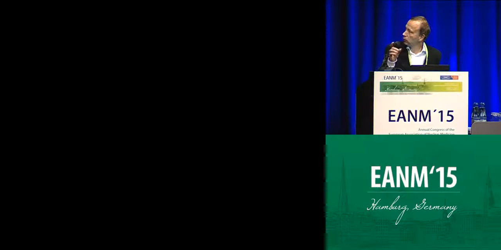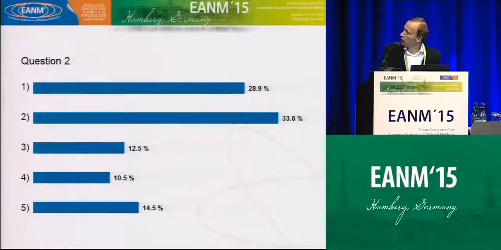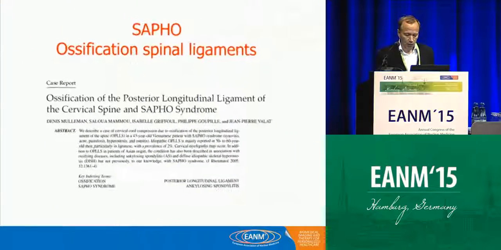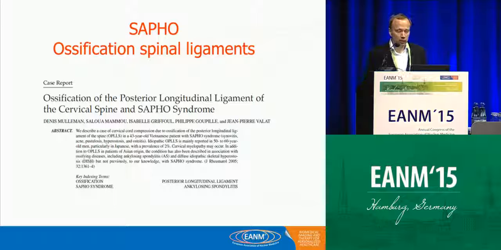That's interesting. Yes, the correct answer is SAPHO syndrome. We are going to examine why. Because don't forget that SAPHO is featured by ossification of core hyperostosis, but also ossification of abarticular structures such as ligaments.